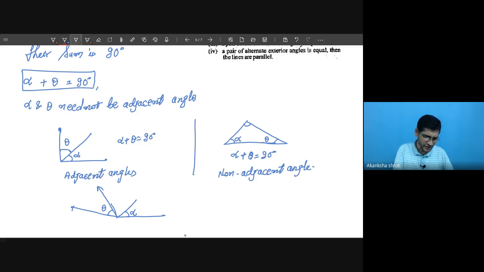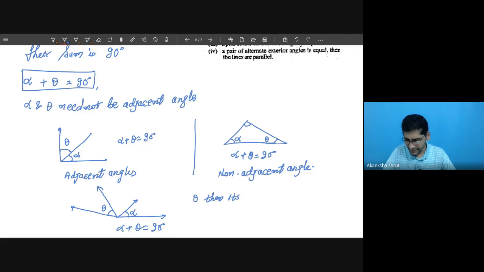It is also possible to have such an angle. So you need not worry, you just have to check whether the sum of these two is 90 degree or not. In this case, if alpha plus theta is equal to 90 degree, alpha and theta are called complementary angles.